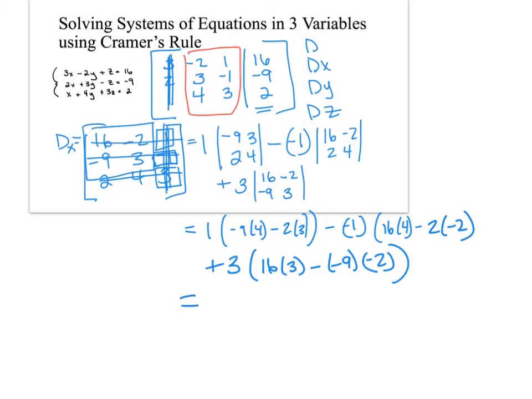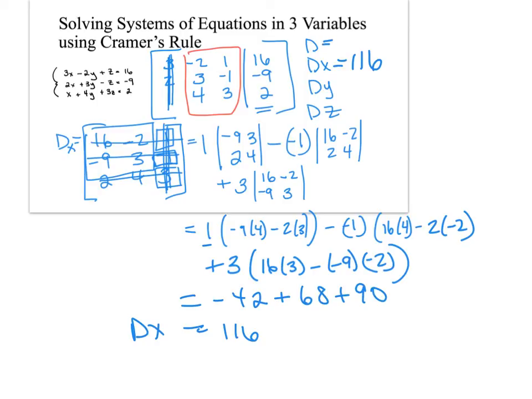What this simplifies to, when you figure out inside the brackets and then multiply by the coefficients in front, you'll get -42 for the first minor plus 68 for the second minor plus 90, and that gives us dx is equal to 116. So we have dx is equal to 116, and we had the original d is equal to 58.